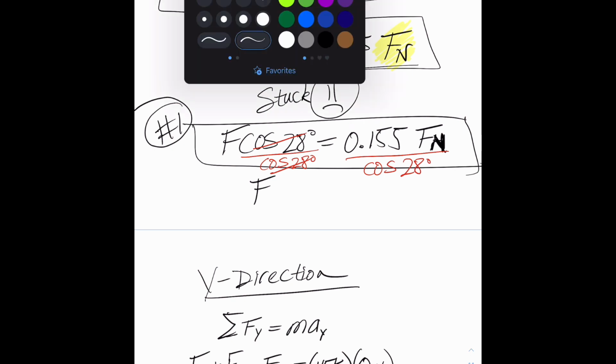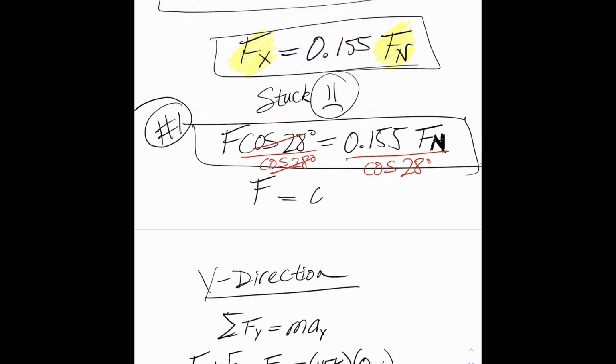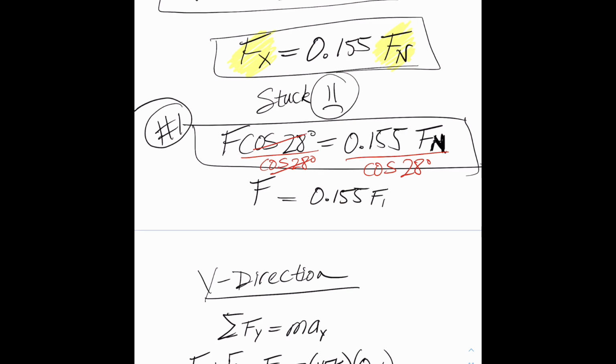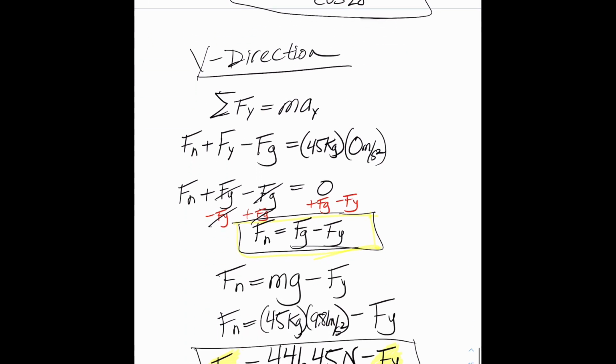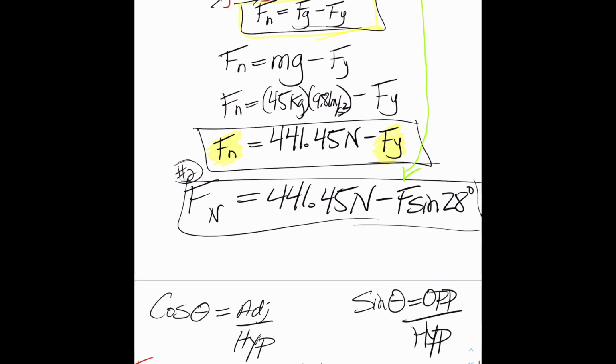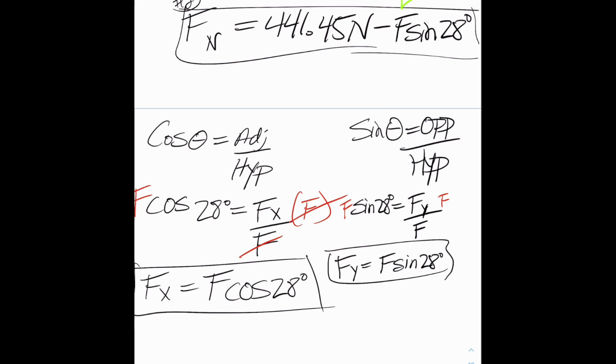And we end up getting F equals 0.155 times the force normal divided by cos 28 degrees. Okay, so we'll then take this, all the way down there, and sub it in for F. I'm going to need another sheet of paper here.